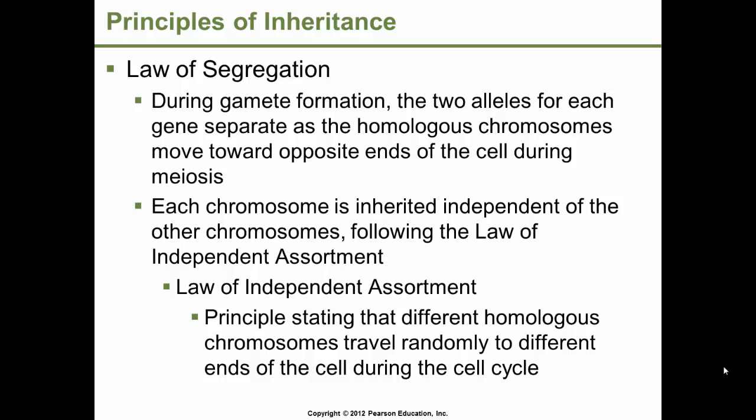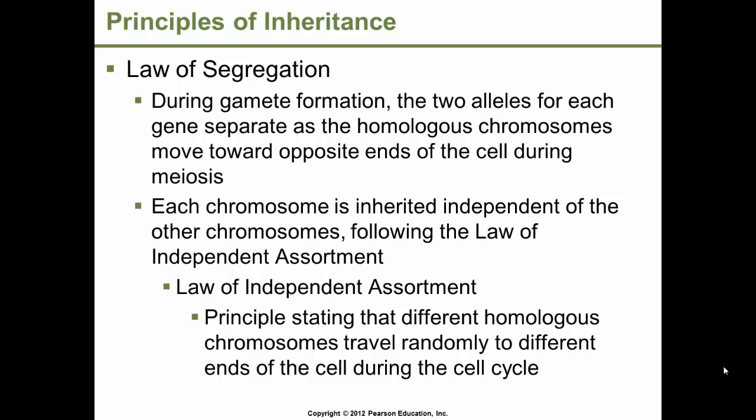Members of each homologous pair of chromosomes segregate during meiosis 1, with each homolog going to a different daughter cell. Thus, an egg or sperm has only one member of each homologous pair. Each pair of homologous chromosomes lines up at the midline independently of the other pairs.